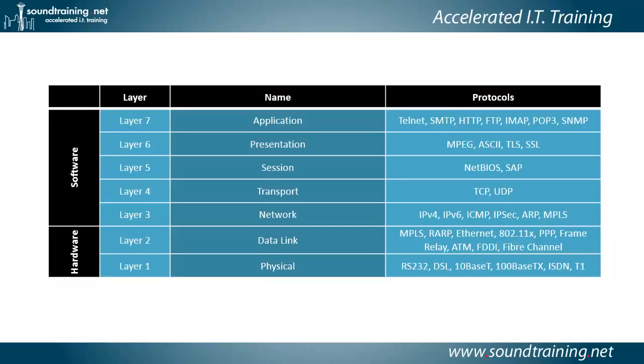At layer 2, besides MPLS, there's RARP, reverse address resolution protocol, Ethernet, 802.11 and all of its extensions, PPP, point-to-point protocol, frame relay, ATM, asynchronous transfer mode, FDDI, fiber distributed data interface, and fiber channel, all operate at layer 2. Then down at layer 1, RS-232 for your serial connections, DSL, 10BaseT, 100BaseTX, 1000Base whatever, those all operate down at layer 1, as does ISDN, T1, T3, and similar protocols.